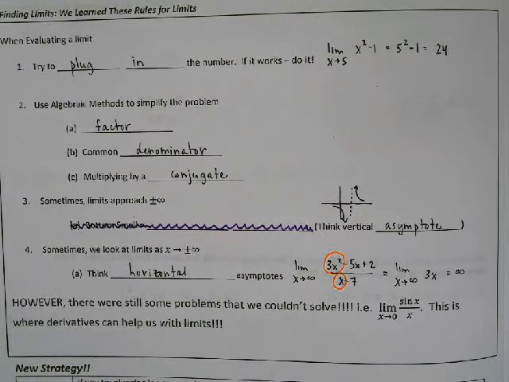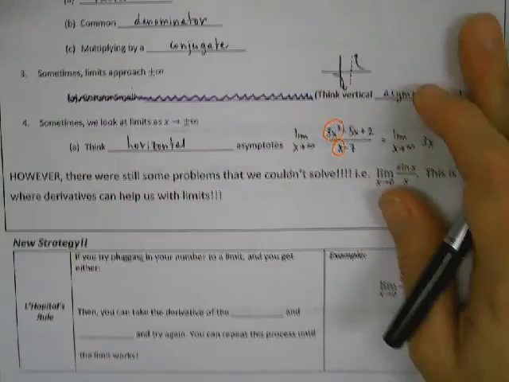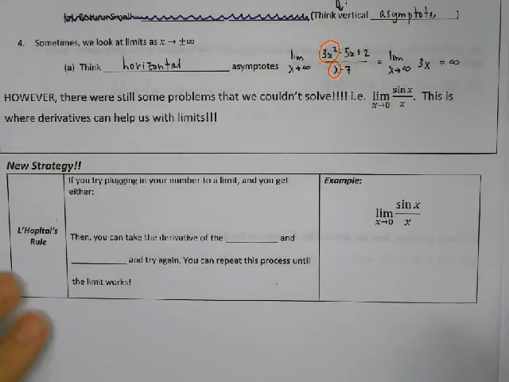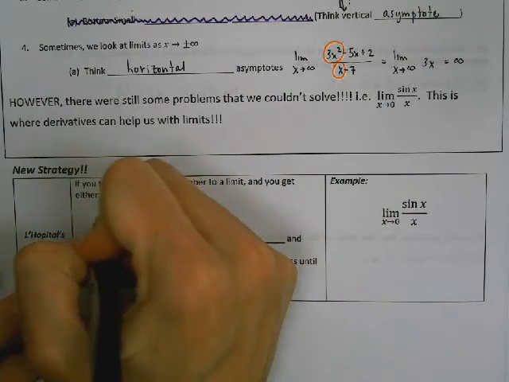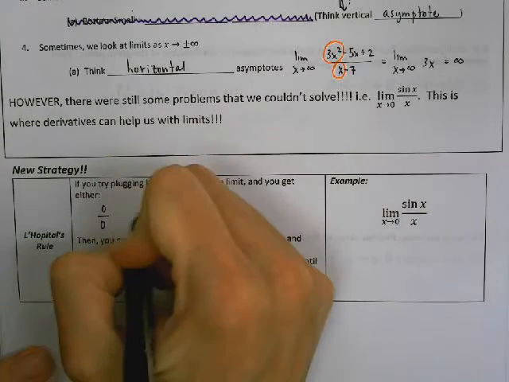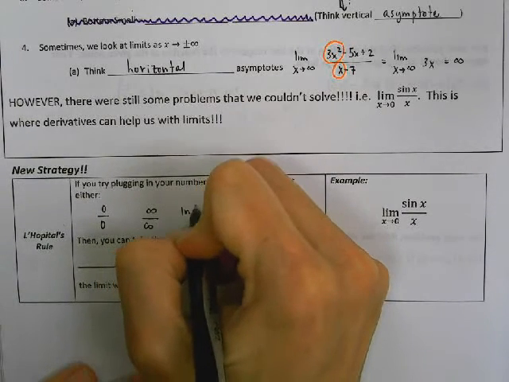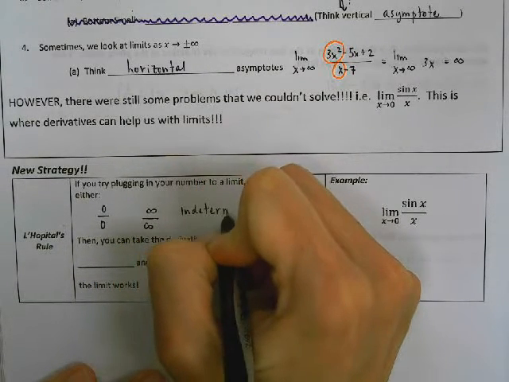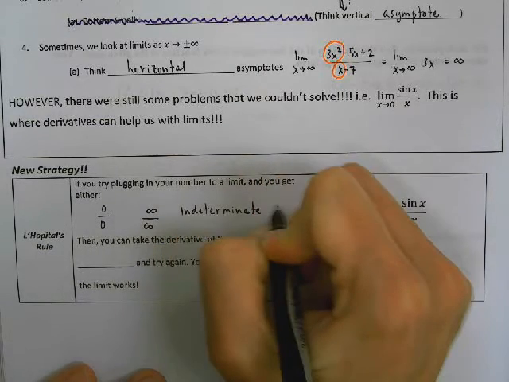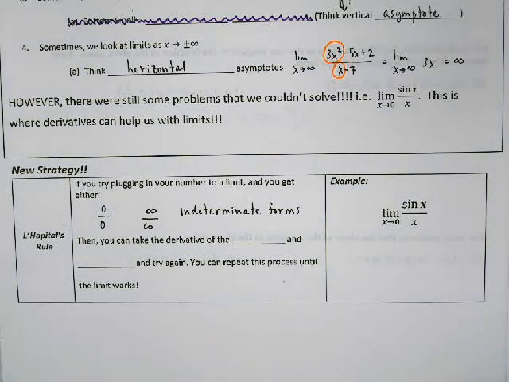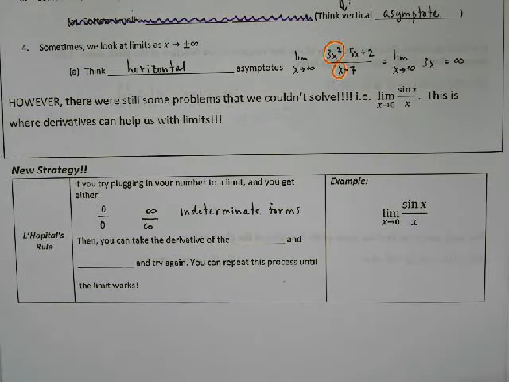All right, so this is our new strategy for handling some of these limits that we haven't been able to deal with so far. If you're trying to plug in your number to a limit and you get either 0 over 0 or infinity over infinity, we call these indeterminate forms. And if that's the case, we can use this new rule called L'Hopital's rule.